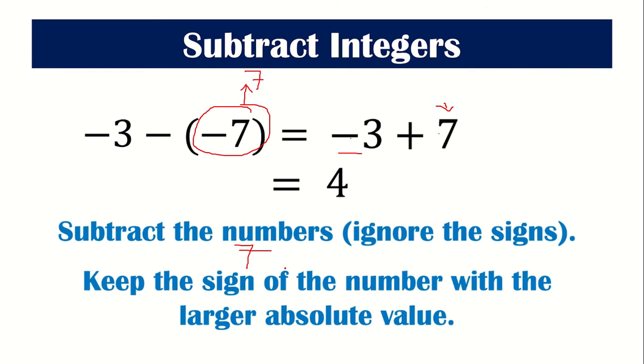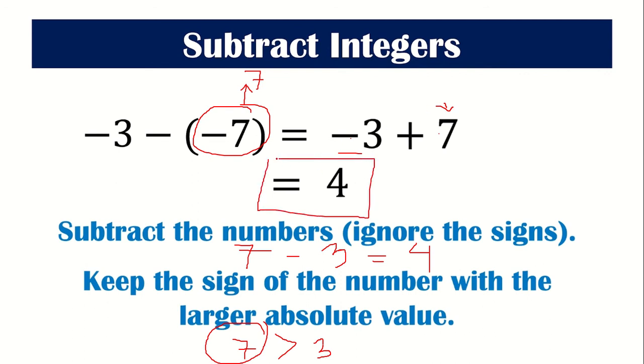Absolute value of negative 3 is 3. Subtract them, that would be 4. The absolute value of 7 is 7, and the absolute value of negative 3 is 3. But 7 is greater than 3, so the sign of 7 should be followed, which is positive. So the final answer is positive 4.